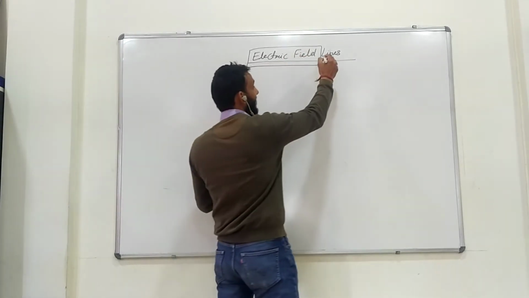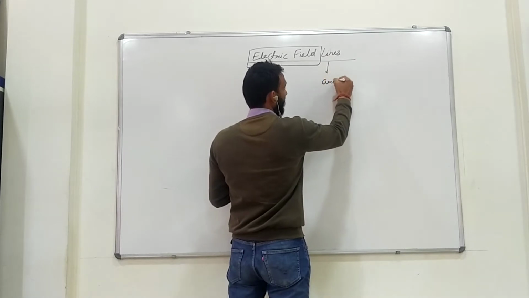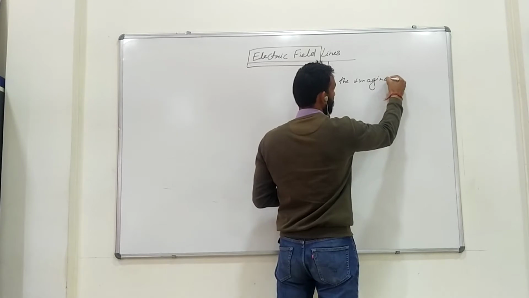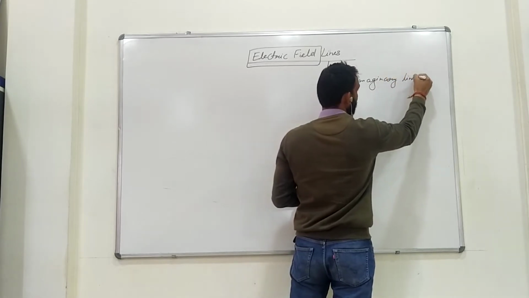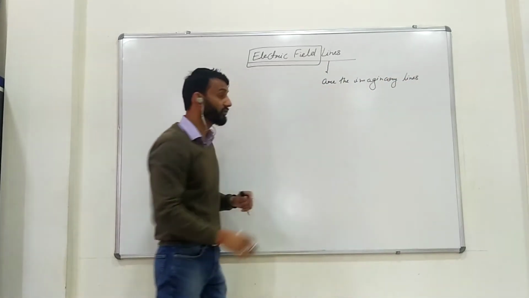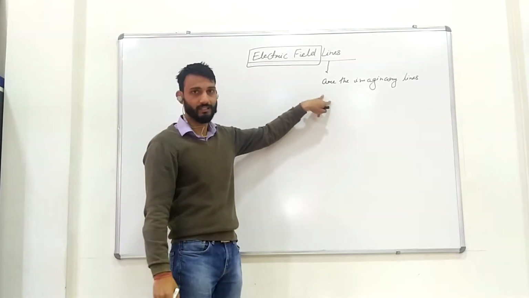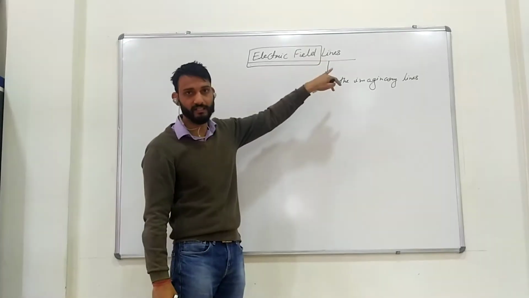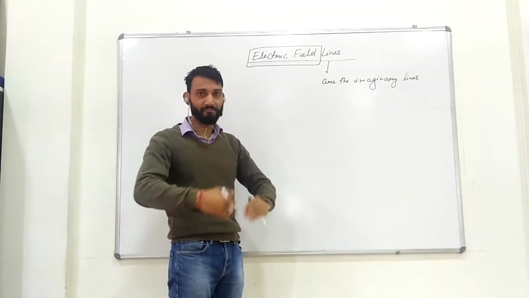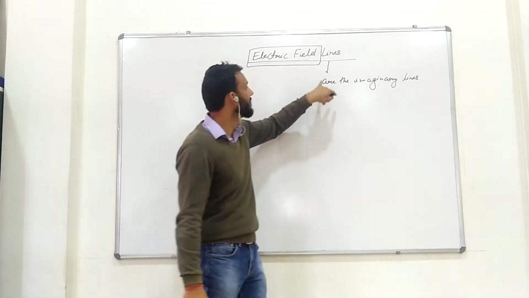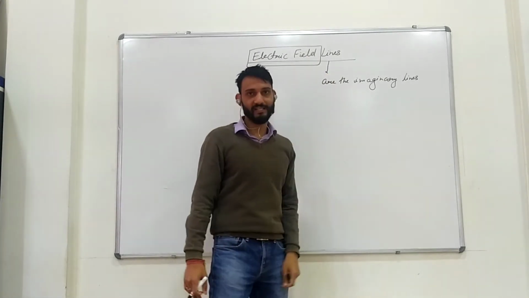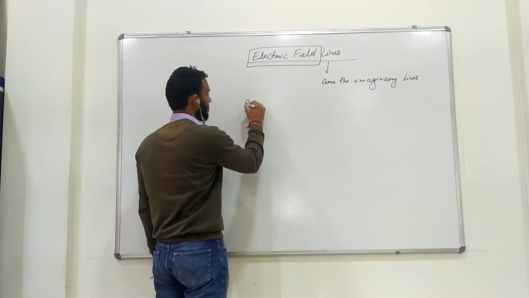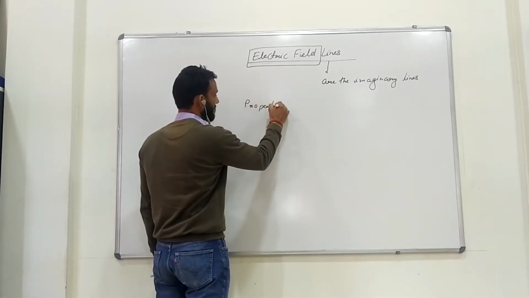Electric field lines are imaginary lines, and their use is to give a pictorial representation of the electric field. In order to make a picture of this electric field, we use them, and these are imaginary lines.